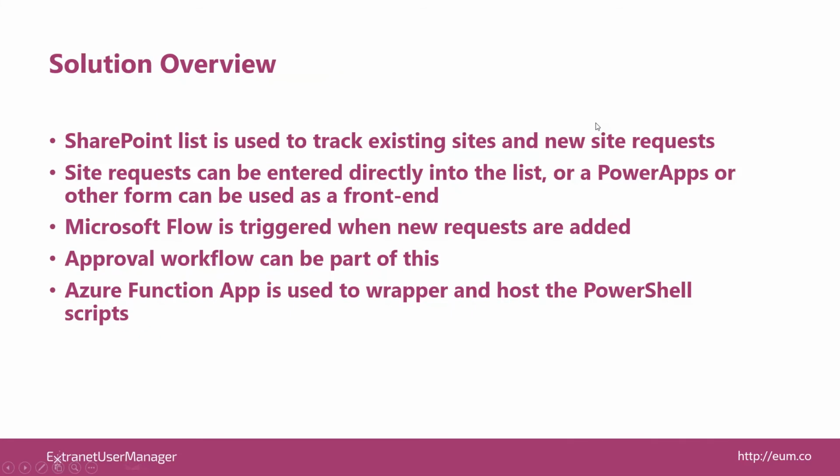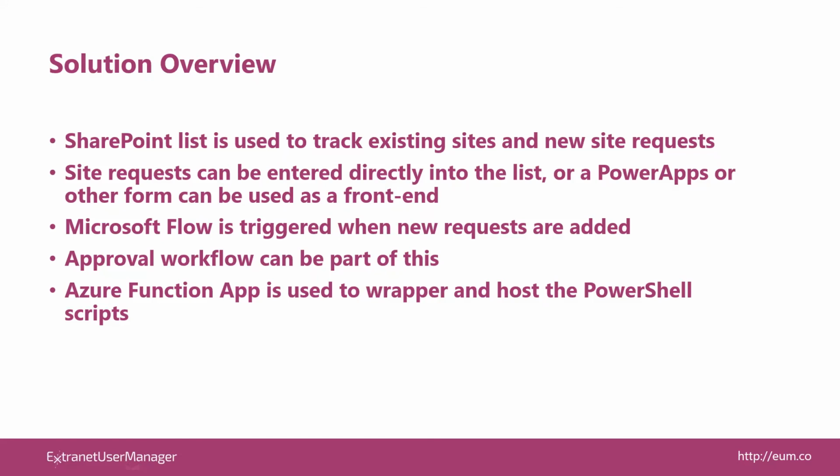So what's under the hood? How's this hanging together? Well, we've got a SharePoint list that we use to track both the existing sites and any new site requests. When somebody wants a new site, basically they're entering an entry into that list. And rather than working directly with the SharePoint list, we put together a Power Apps form in front of that to make it a little easier. I'll show you what that looks like.